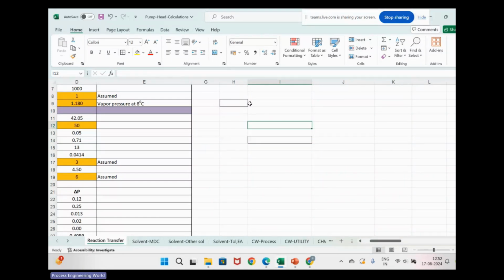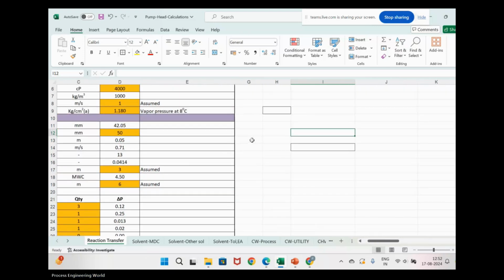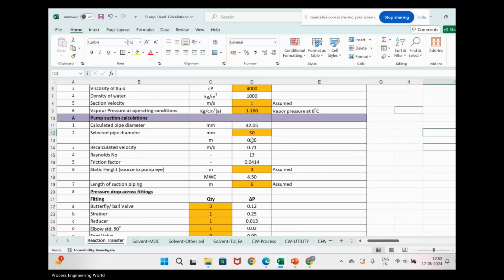So will you take height up to 50% to the center of the pump, or up to the bottom of the vessel to the center of the pump? Bottom of the vessel, because if I take 50% of the liquid, when my liquid level goes down, my NPSH will be affected.